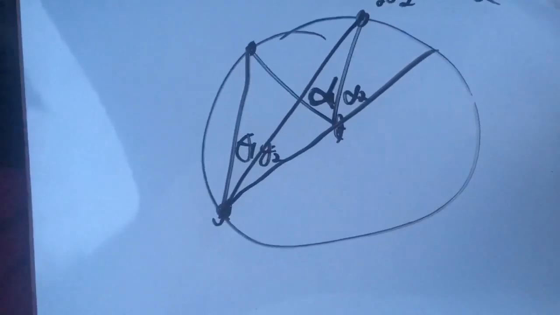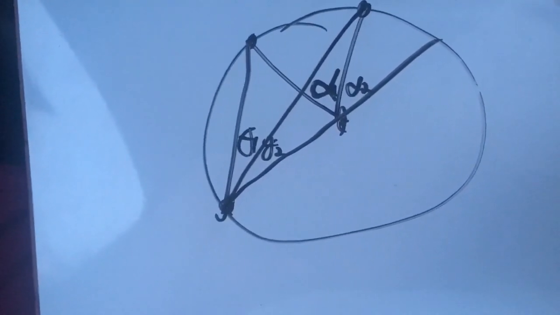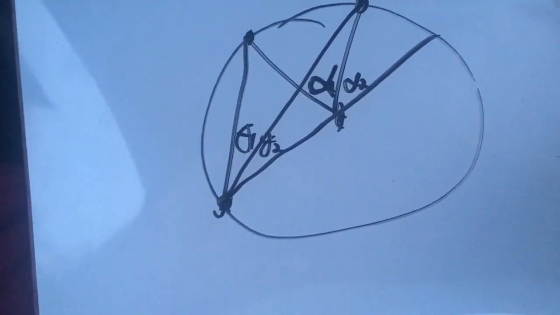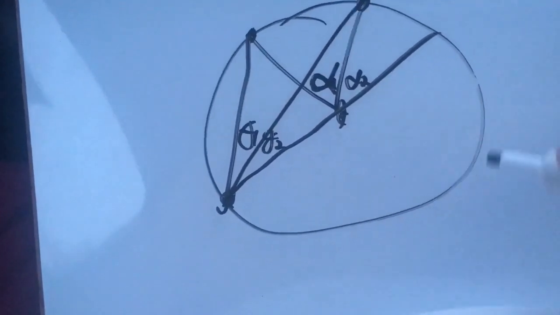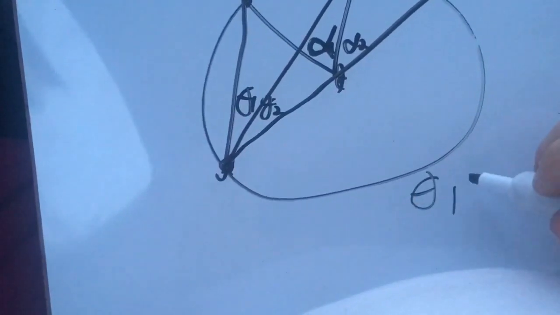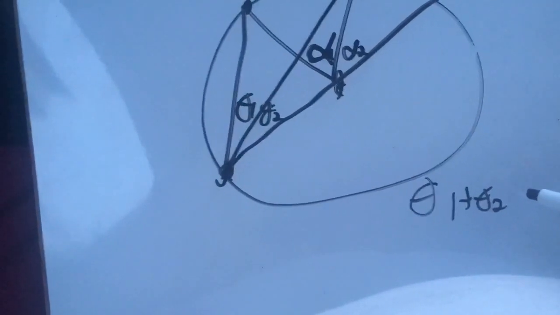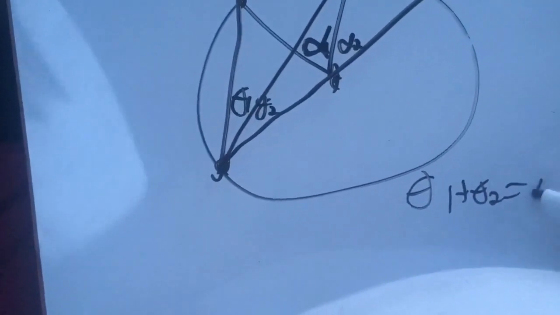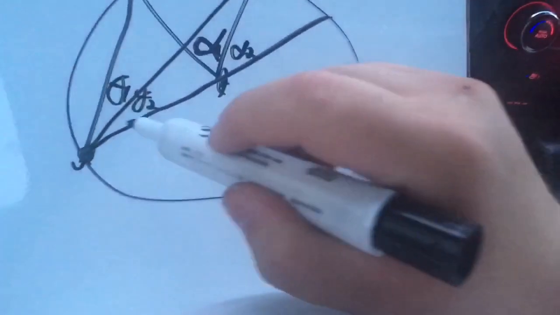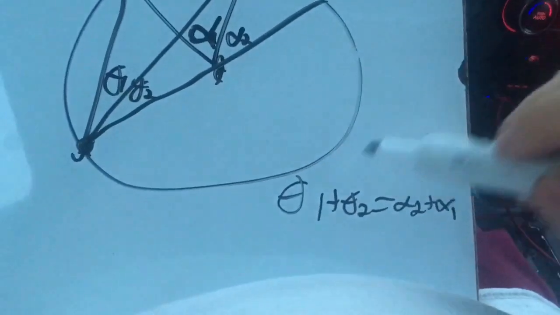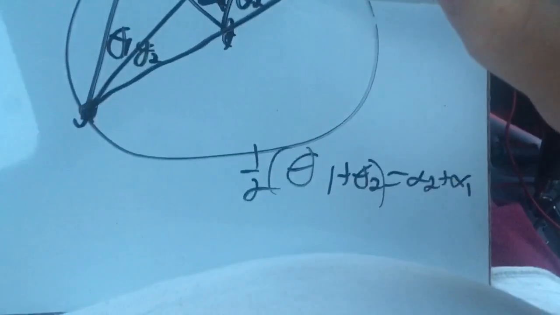Half theta 2 is equal to alpha 2. And let's see. Theta 1 plus theta 2 is equal to alpha 2 plus alpha 1. So this inscribed angle, half of that is equal to alpha 2 plus alpha 1.